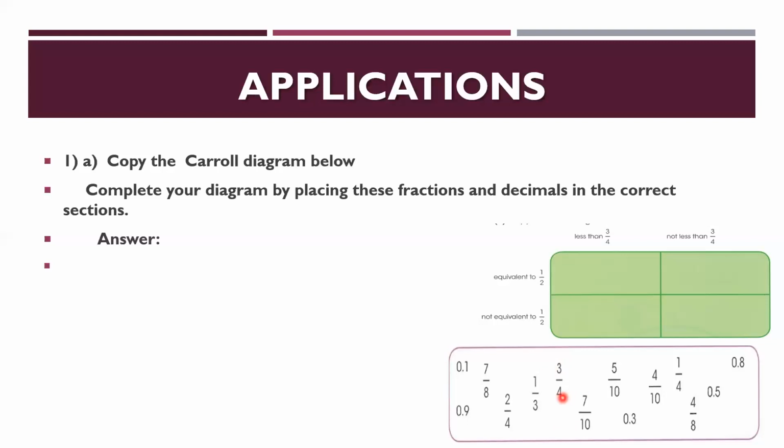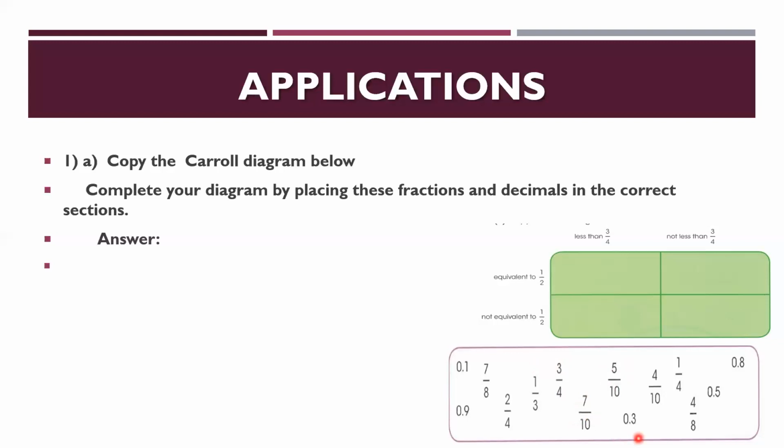What about 7 by 10? 7 by 10 is not applicable. What about 5 by 10, which is 1 by 2? So it is equivalent to half, so not possible. What about 0.3?